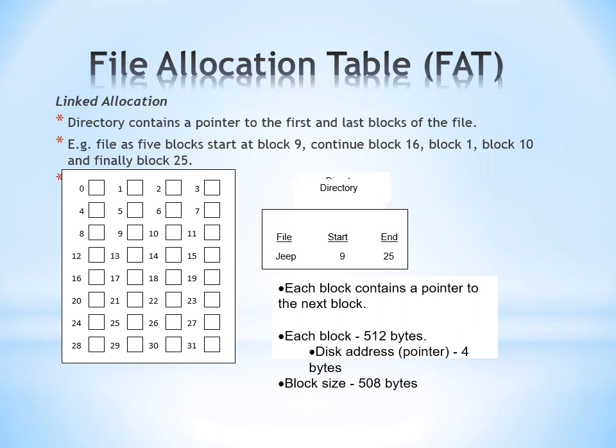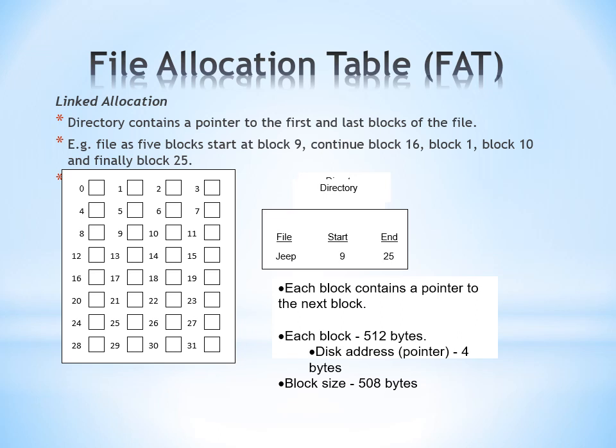Another method of file allocation table is link allocation. In this link allocation, each block contains a pointer, and this pointer shows the first and the last block of the file.